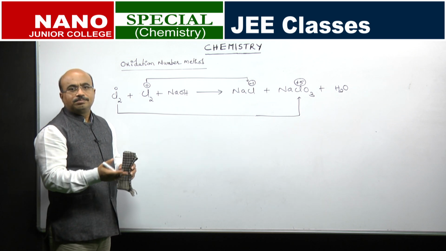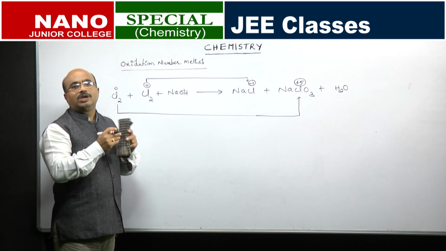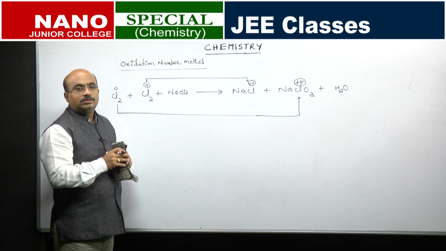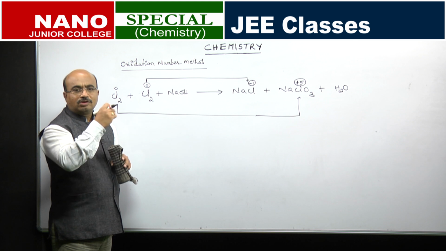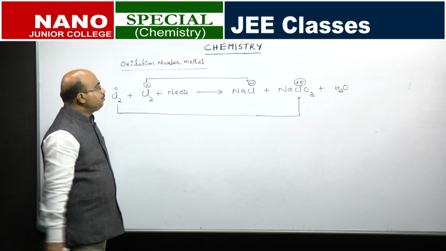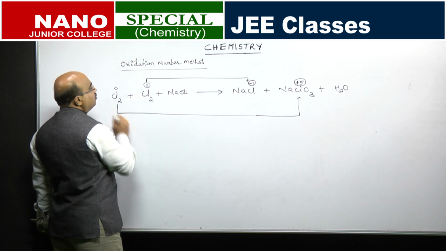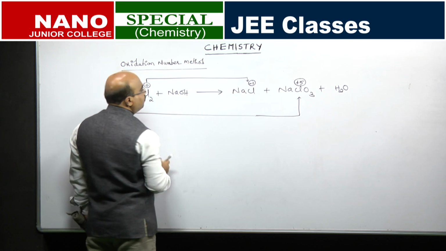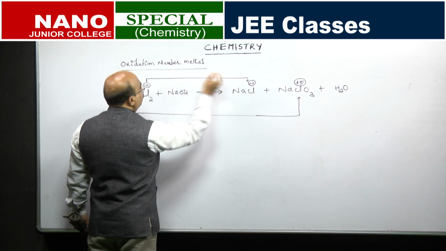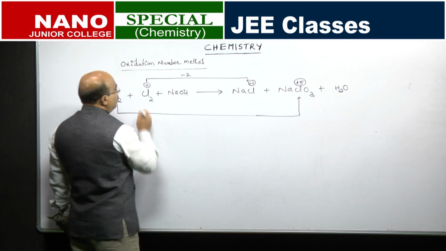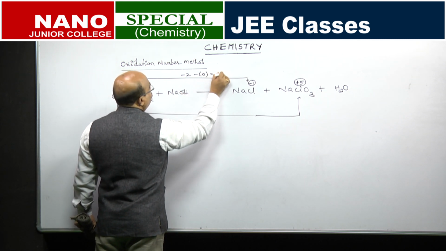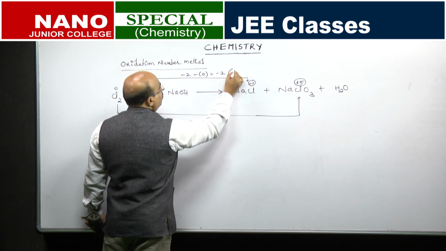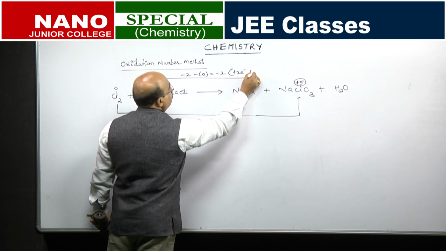So, what is the next step after identifying those elements? Identify the total electrons lost or gained per molecule. So, this is 1. So, 2 chlorines must be here. So, 2 into that -1 is -2, minus 0, that means 2 electrons are gained.